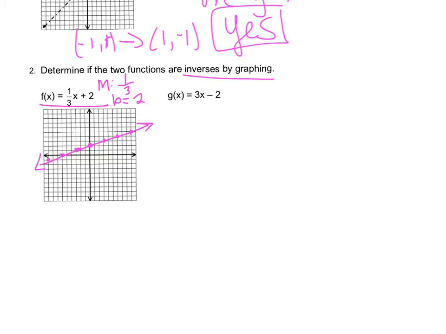So there's my first one. Then I want to graph g of x, which is 3x minus 2. On this one, the slope would be 3/1, and the y-intercept is -2. Again, if you have a calculator, you could also plug it in and look at the table. This one is crossing at -2 on the y, and then we're going up 3, right 1.